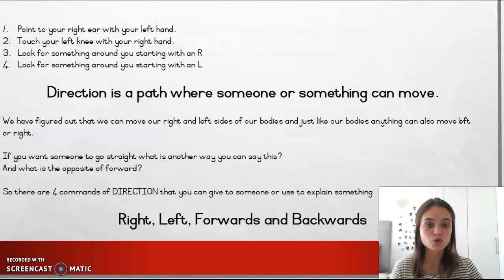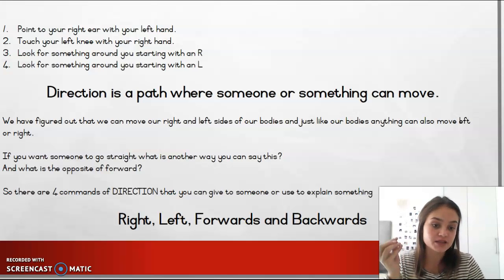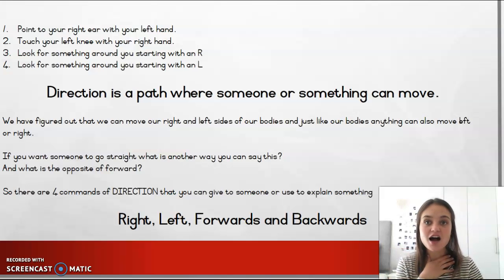So we can move our right and our left side of our bodies. Just like our bodies, absolutely everything else can also move. But when we are taking direction and movement, we most likely are using a car or we're explaining to someone how to get somewhere. So if I want someone to go straight, there's two ways I can say it.